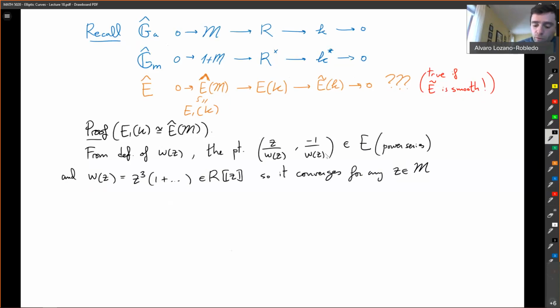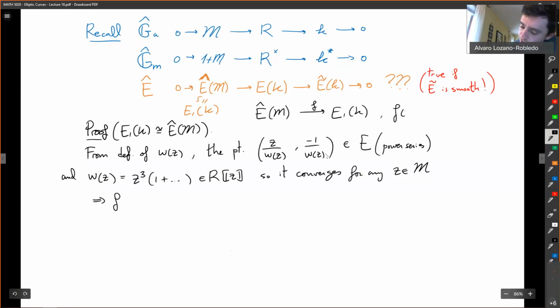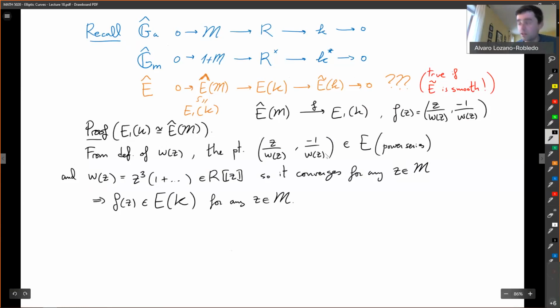And therefore, what that tells me is that F, remember our F is actually the map from E hat to E1, such that F of Z is that point (Z, minus 1, W(Z)). F of Z is indeed a point in EK for any Z in the maximal ideal.